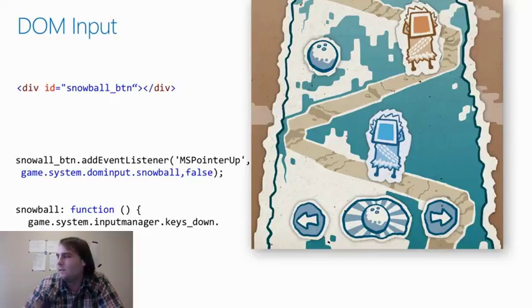So if we theoretically wanted to extend the game in the future, say you shake the device or had some special input there, you could just call the snowball, and that will allow you to have the same behavior using similar code. And you'll see in the snowball function, we just set a variable to true, and that's going to be used later on in our update loops for our entities that will poll that position.